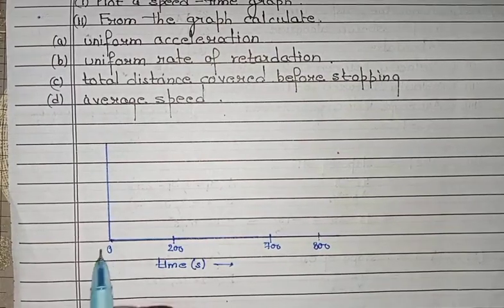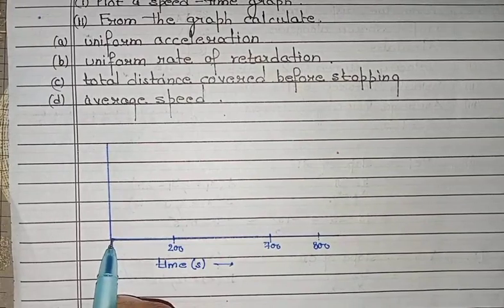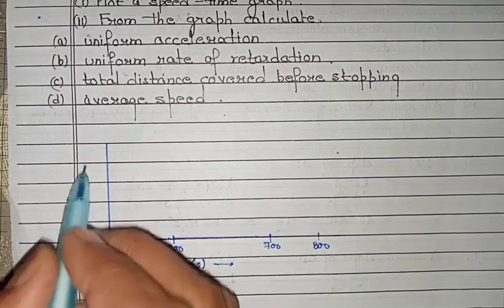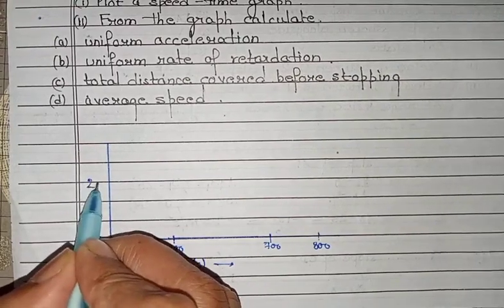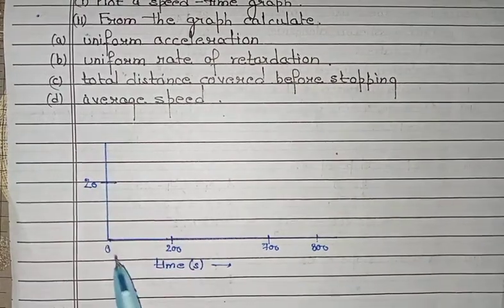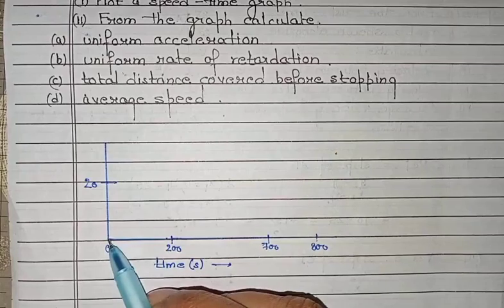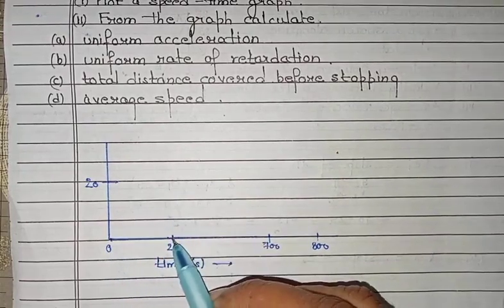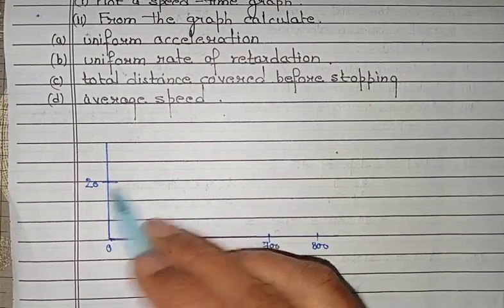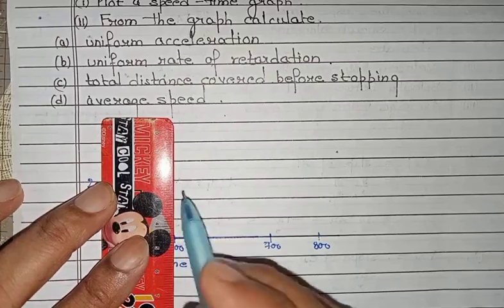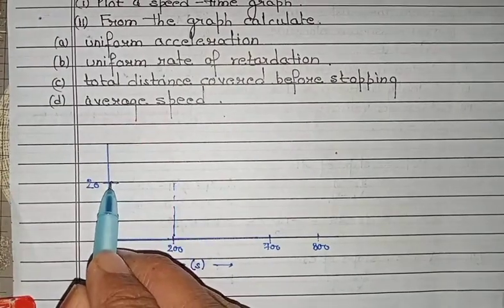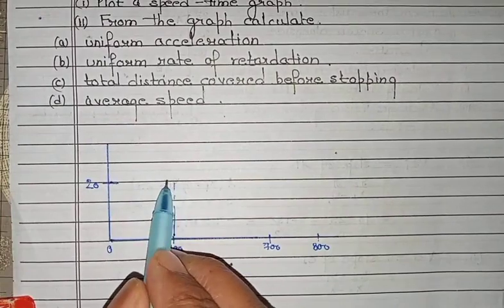Now body starts from rest, and in 200 seconds it reaches a velocity of 20. See, it's starting from rest, it's an accelerated motion, so it will go this way, and by the end of 200 seconds the velocity will be 20.